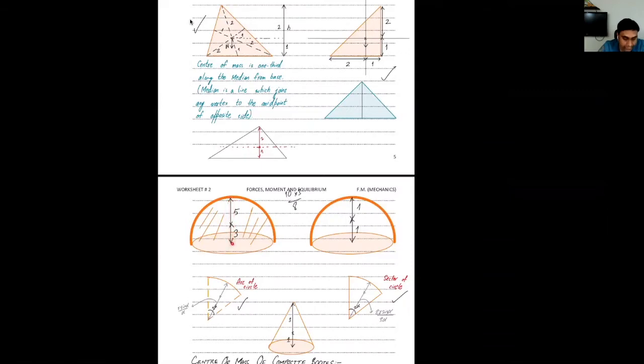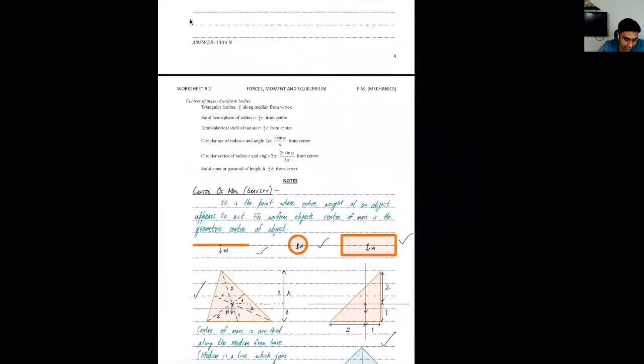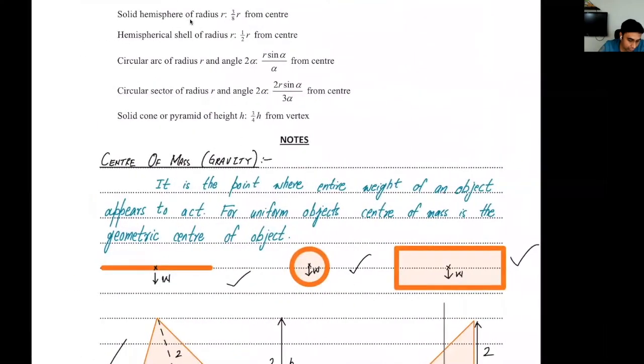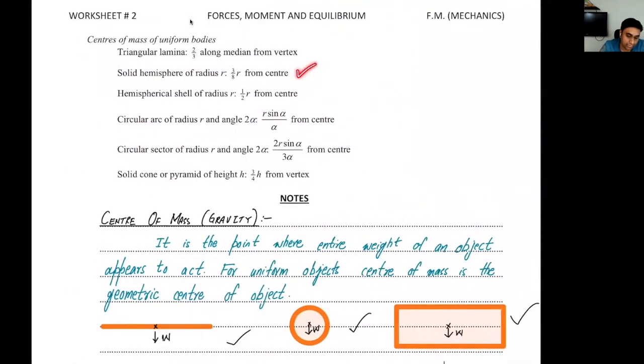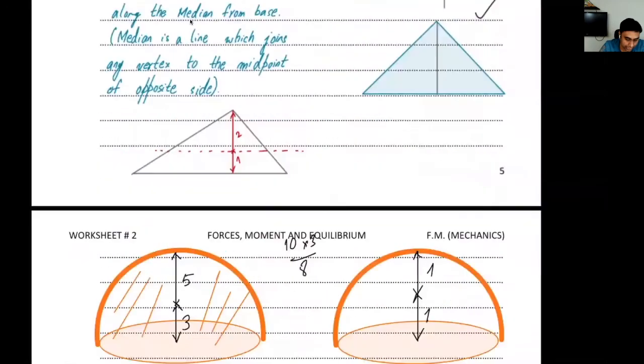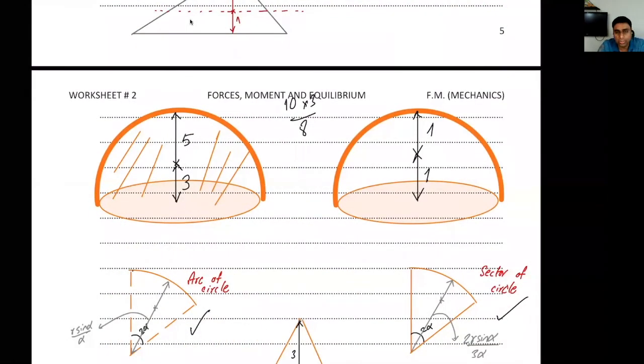From the center it will be 3/8 of the ratio. आपको याद नहीं रखना है, बस मैंने डायग्राम बना दिया है और ये लिखा हुआ है solid hemisphere 3/8 r from the center. So I know that for a solid hemisphere, if ever I get, जैसे मैंने कहा बहुत कम possibility, लेकिन आपको पता, आपके part of syllabus है, one off आता है, तो 3/8 from the center along the radius है and 5/8 from the circumference along the radius है.